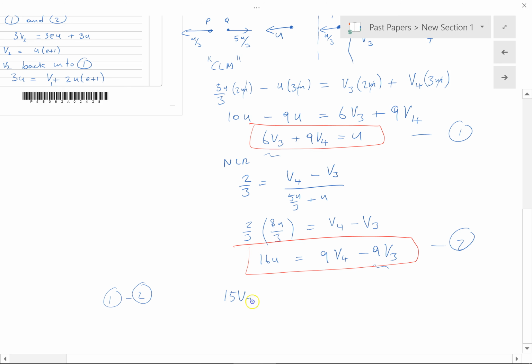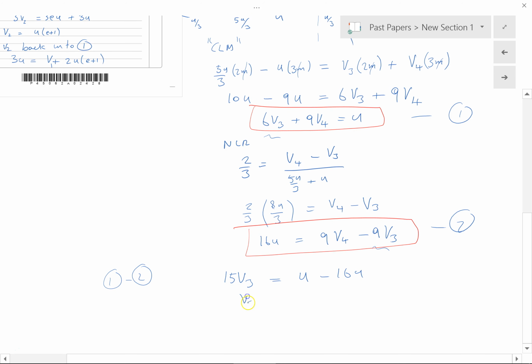So that's 15V3 is equal to U minus 16U, which is minus 15U. V3 is equal to minus 15U over 15, which is minus U.